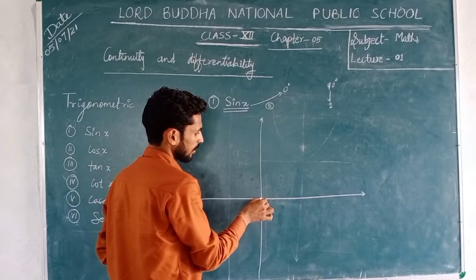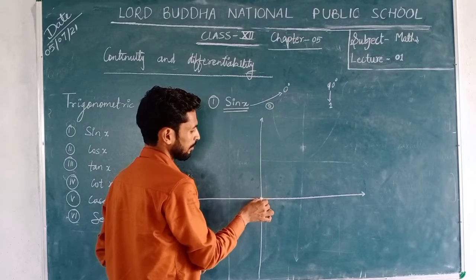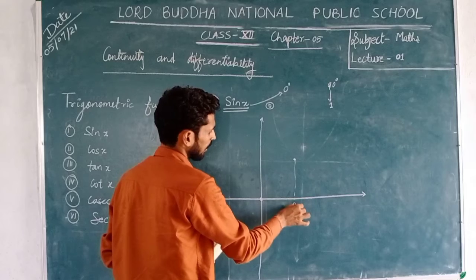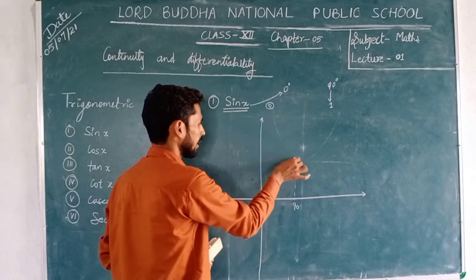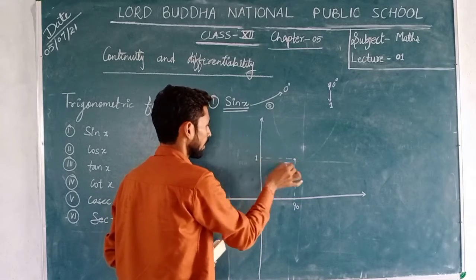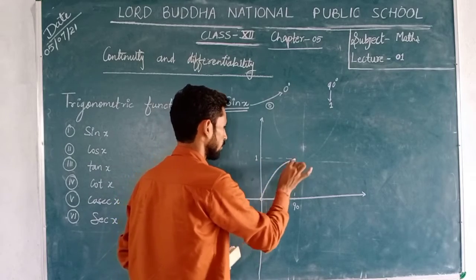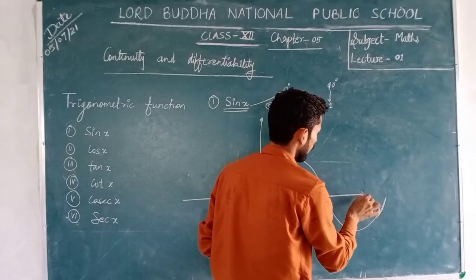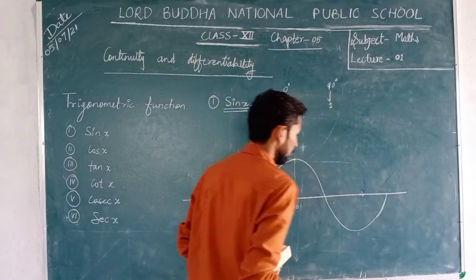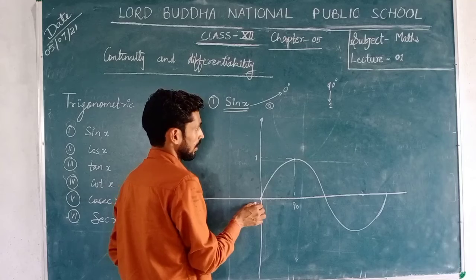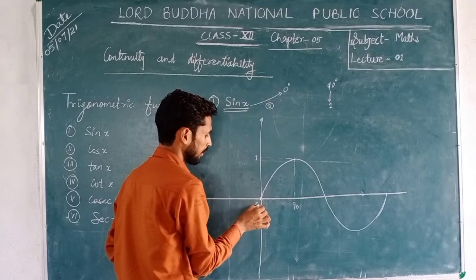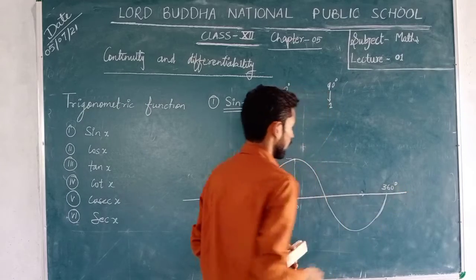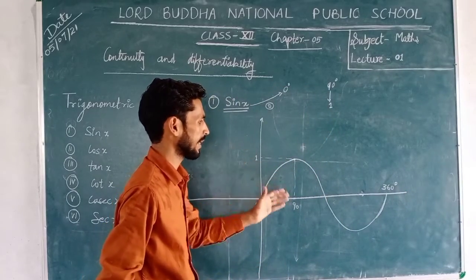So at the point theta equals 0, there will be 0, and at the point of 90 degree, suppose that this is the domain, that is 90, and the range will be 1. In this condition, the graph will be in this manner, like this. This is one complete revolution of the graph of sin x between 0 to 360 degree. That is the graph of sin x.